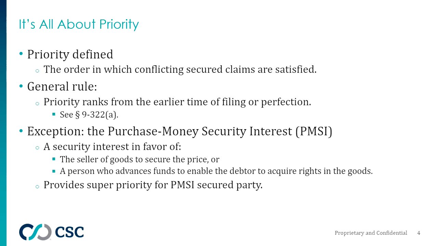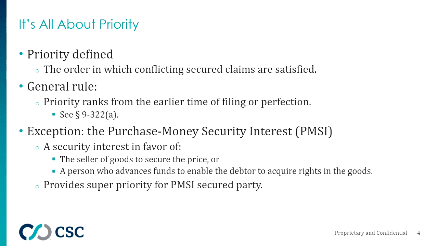Now, there is an exception to that, and that is the purchase money security interest, or PMSI. A purchase money security interest is a security interest in favor of either the seller of goods to secure the price of the goods, or a lender who advances funds that enable the debtor to acquire rights in the collateral.